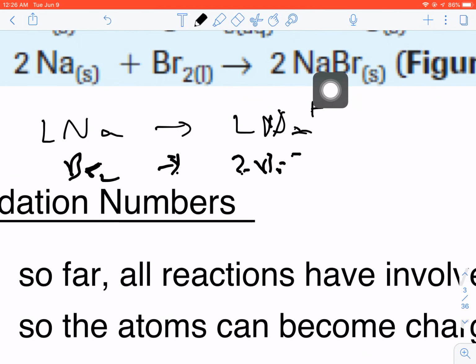So here's this NaBr is an Na ion and a Br minus ion. All right, so I've got 2 Na plus ions and 2 Br minus ions. Okay, so notice what I've got here now. Again, trying to make my charges work out. Boy, this is a mess.